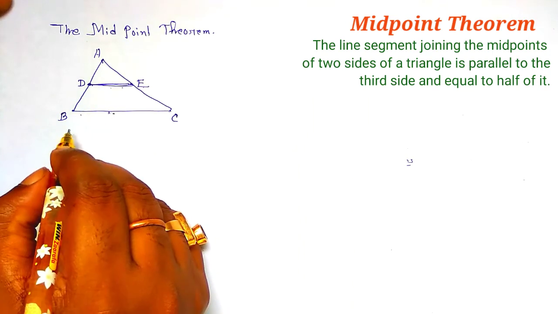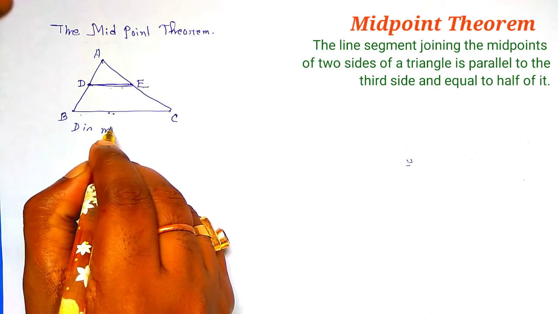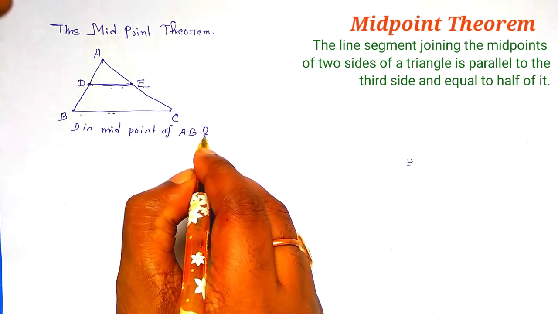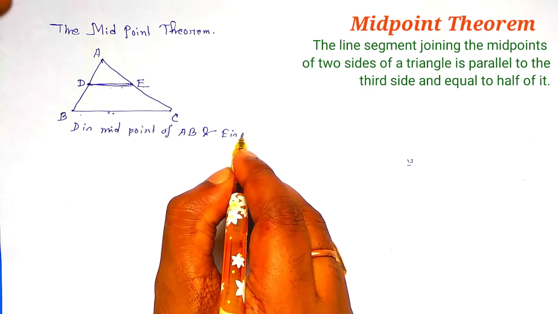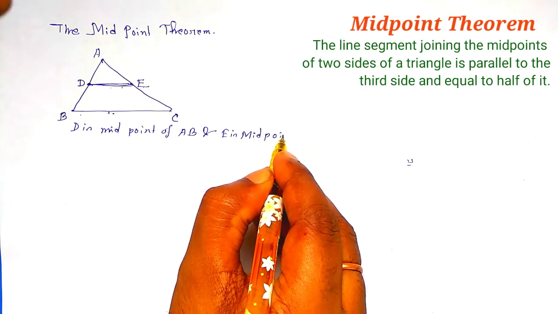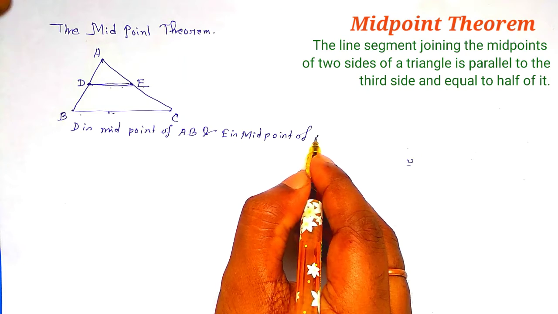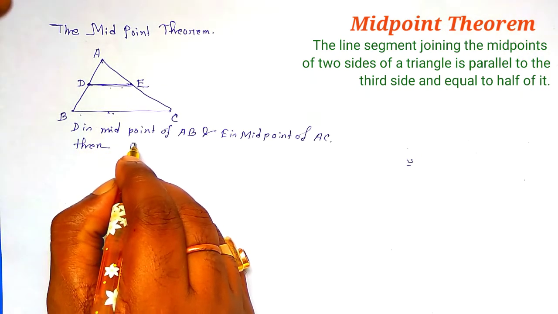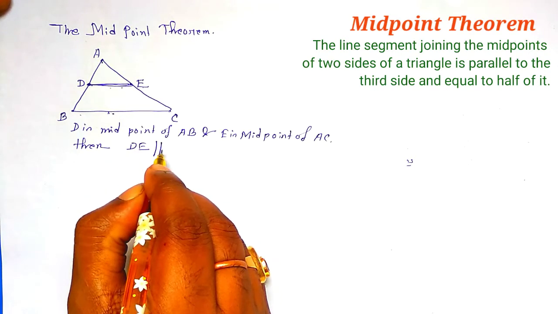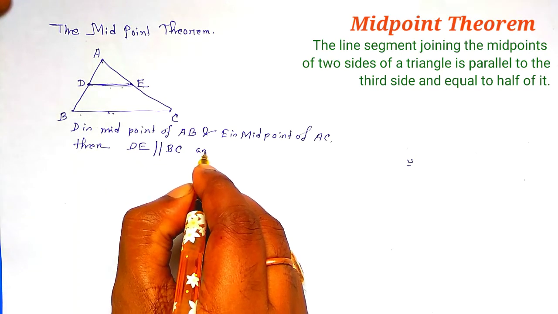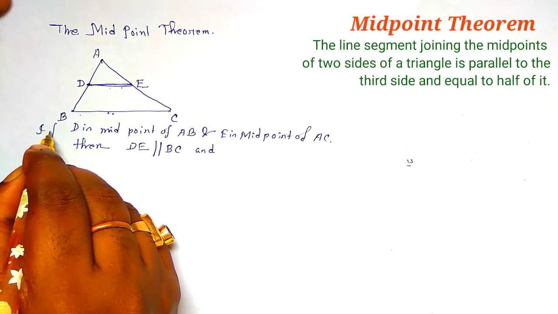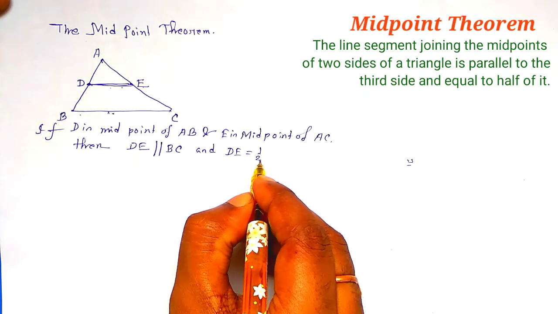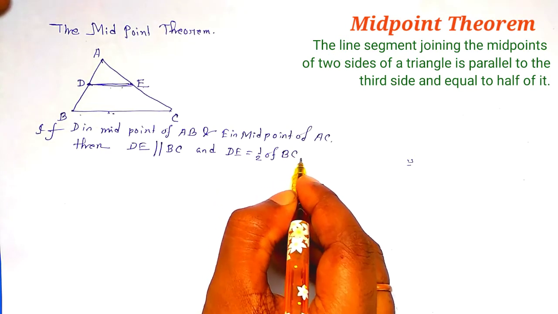So what we can write? D is the midpoint of AB and E is the midpoint of AC. Then DE is parallel to BC and DE equals half of BC.